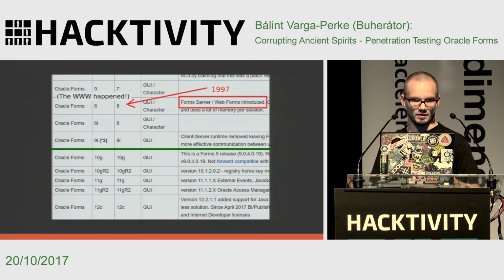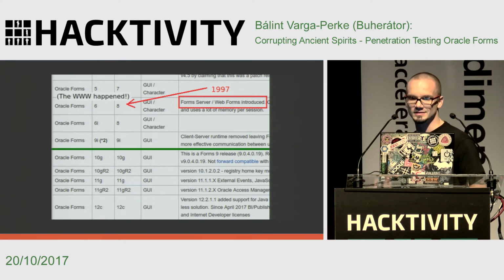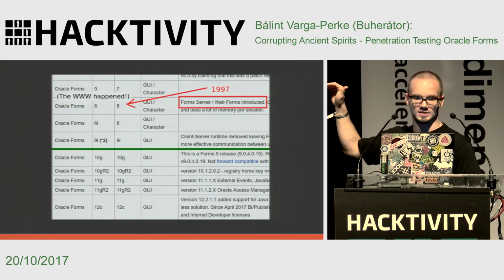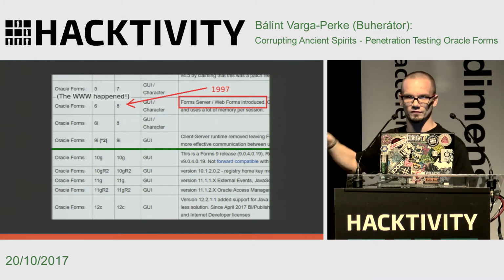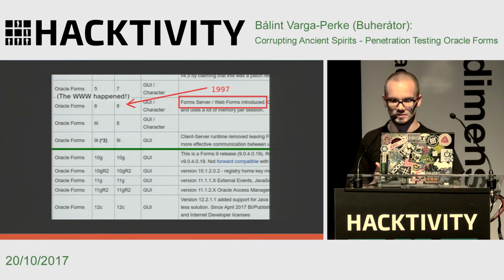But with Oracle Forms version 6, released for Oracle database version 8, it was a web forms-based, HTTP-based version of the product. We are dealing today with the products below the green line, so starting from 10G. I encountered the versions based on 10G and 11G. I haven't seen 12C yet, but I assume it would be really similar to what we will see.